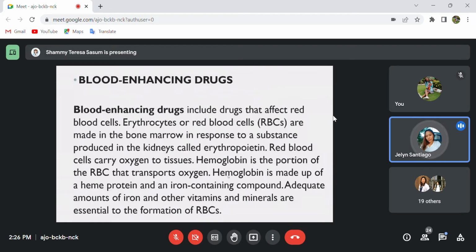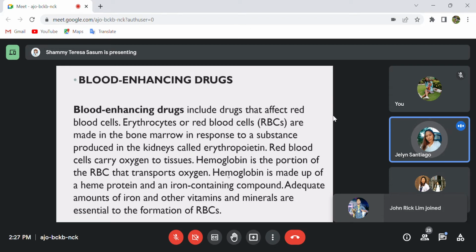The next category is blood-enhancing drugs. These include drugs that affect red blood cells. Erythrocytes or red blood cells are made in the bone marrow in response to a substance produced in the kidney called erythropoietin.